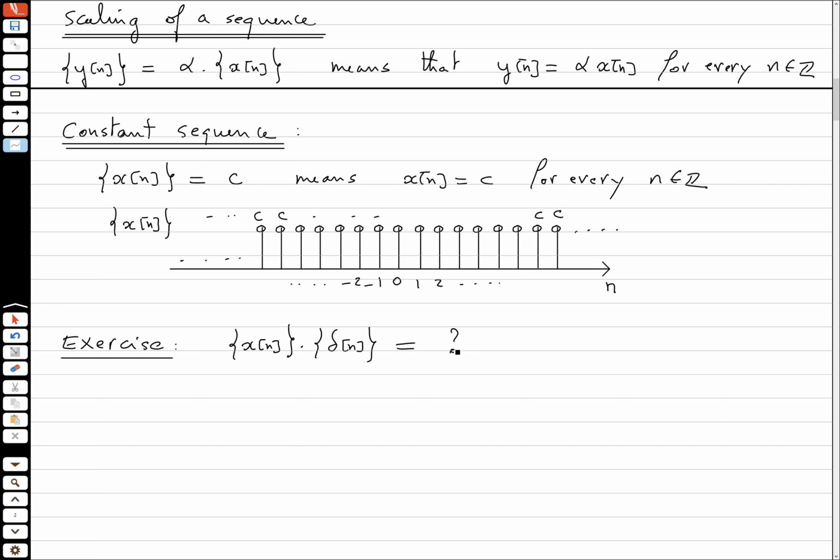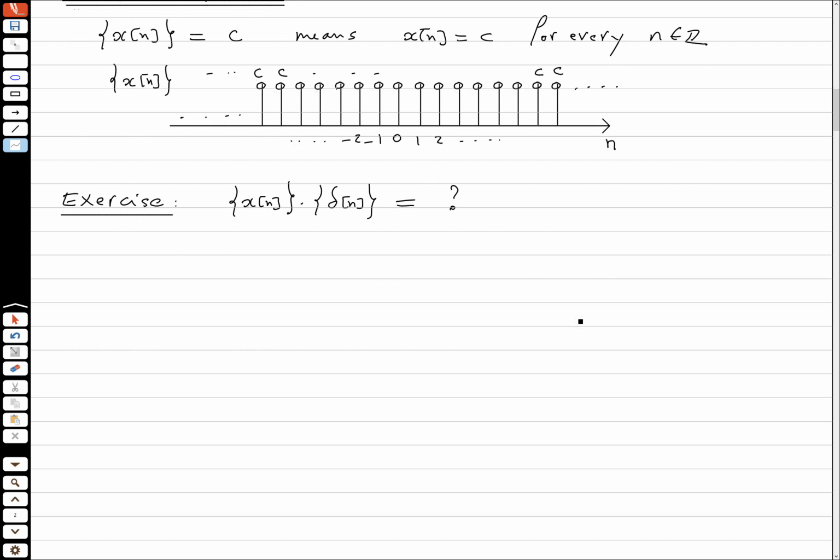Okay, so let's do some. Again, I don't want you to remember a formula by heart. I want you to figure out the formula by logic, right? So just consider a random sequence, x of n.